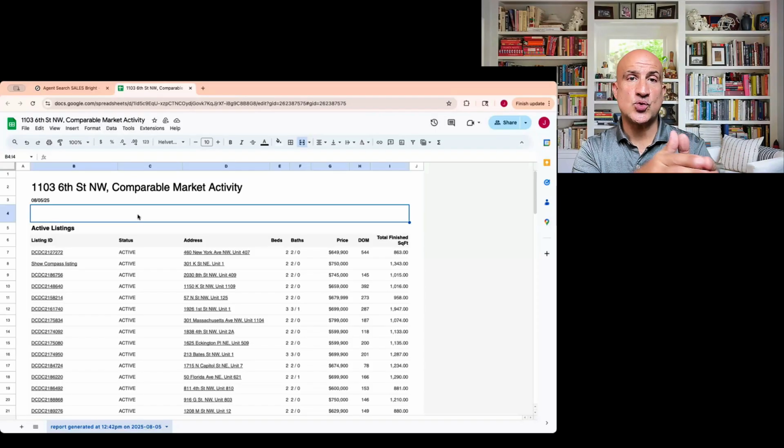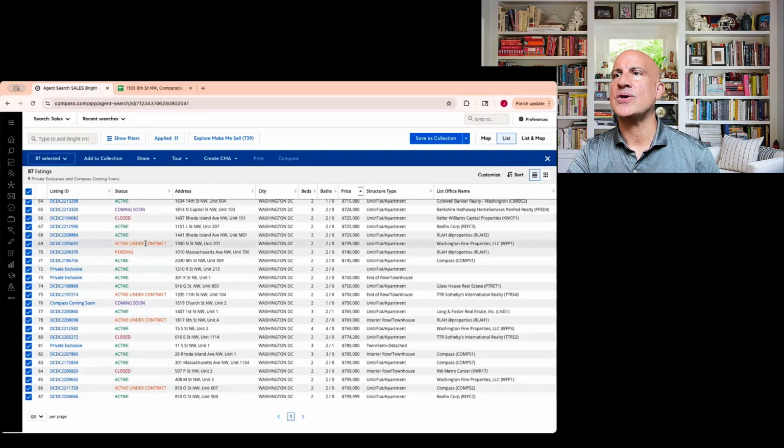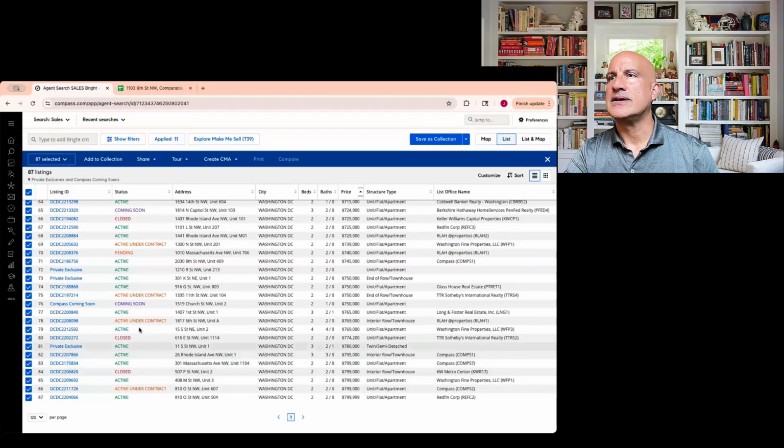And of course, that works really well with Compass's 3-phase marketing strategy, because we've got private market. Based on this comparable market activity, let's test aspirational price. We're looking at the activity back here, and why don't we go for 775 or maybe even 799?